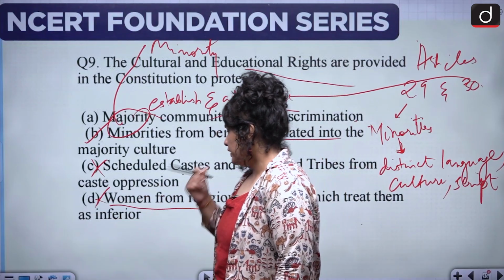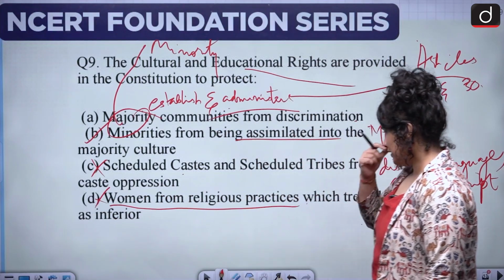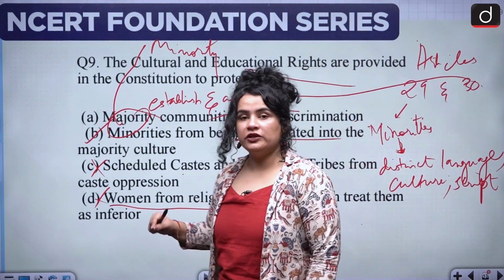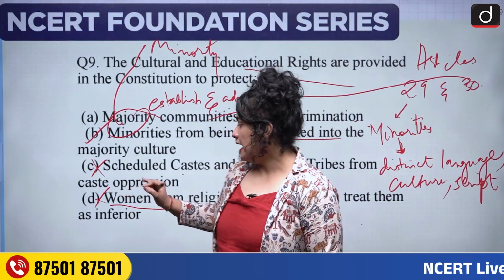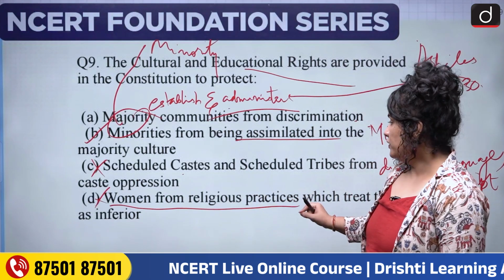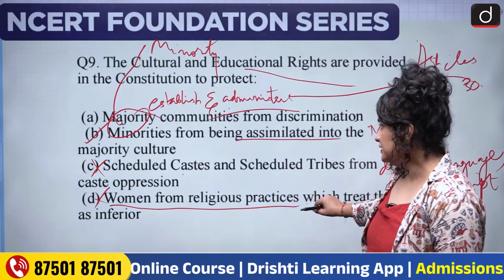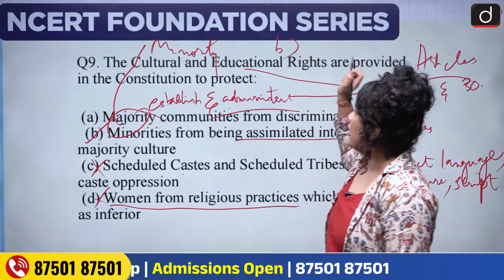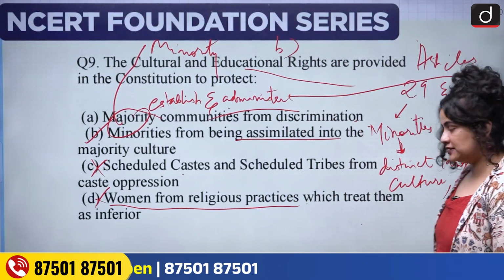So no, there are two aspects here. First, religious practices. Again, there are reasonable restrictions when we are talking about religion, as well as the fact that women cannot be discriminated against on the basis of their sex. All right. So we have the correct answer, which again is option B in this case.